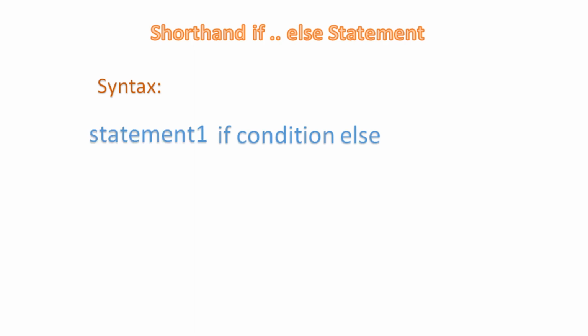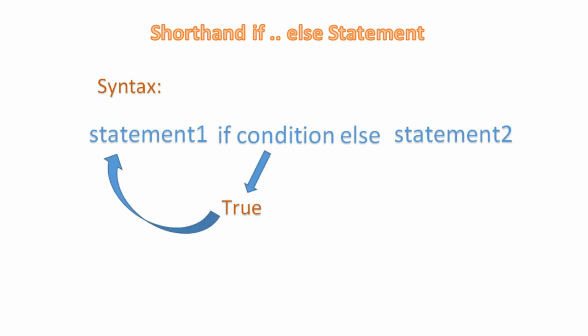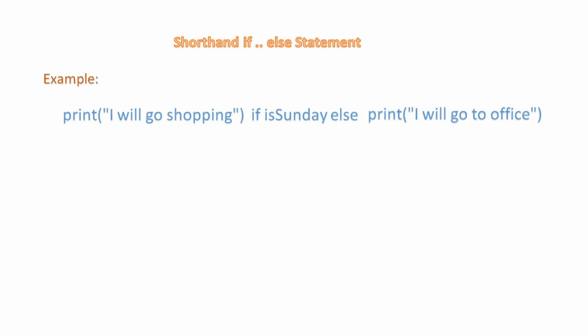The statement for the if block will be at the left side and the statement for the else block will be at the right side. In the case of the shorthand if else statement, no colon is used. If the condition is true, then statement 1 will be executed, and if it is false, then statement 2 will be executed.